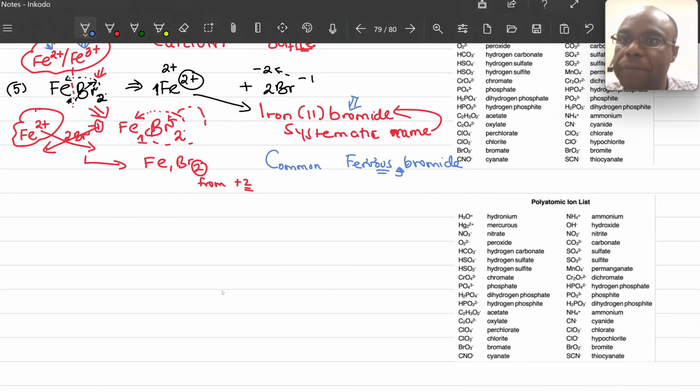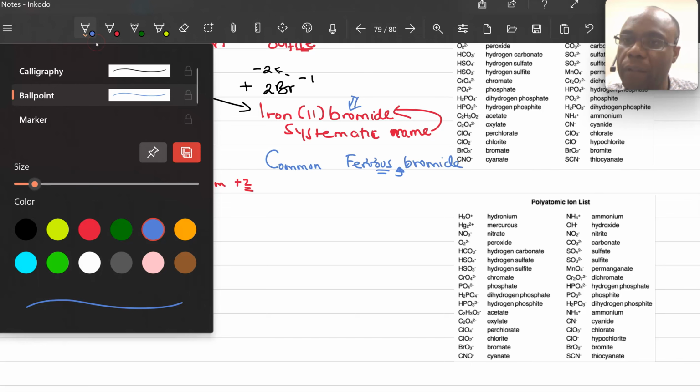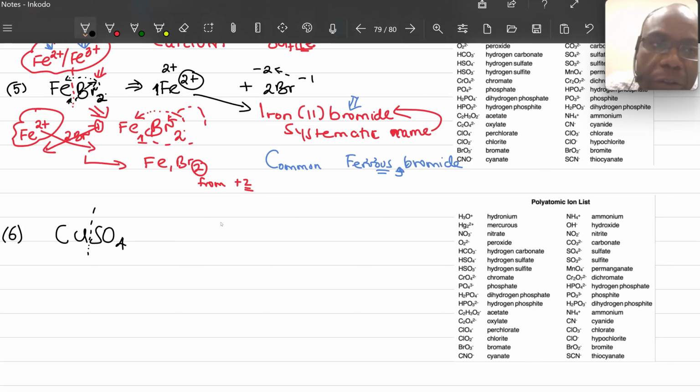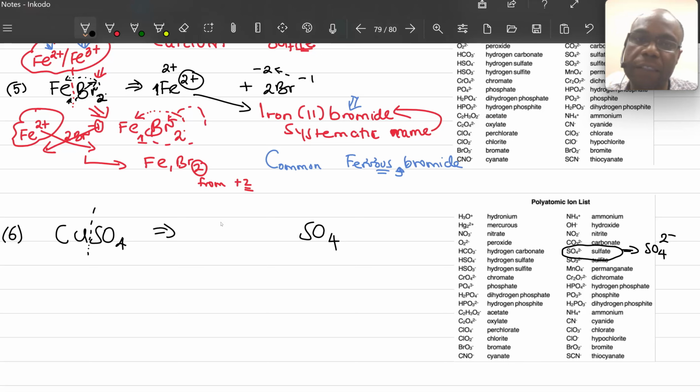Let's try another one. So suppose example number 6, someone gave you this compound. Now I can split it into 2. I do know that the polyatomic ion sulfate is written as SO4 2-. So this tells me that the sulfate has a charge of 2-. So what charge should we put on copper in order to cancel the 2 negatives?